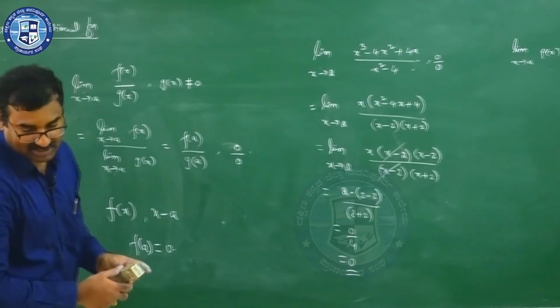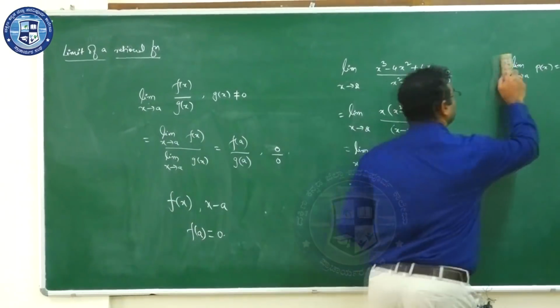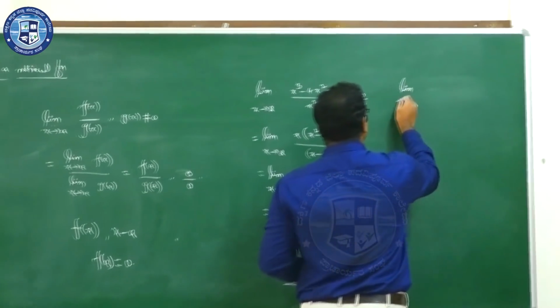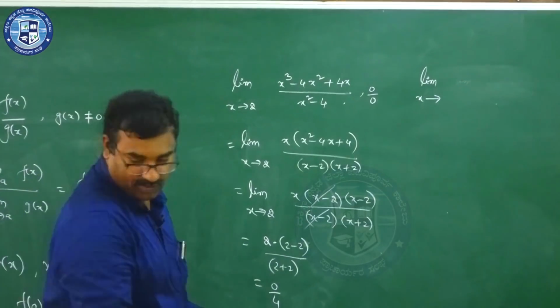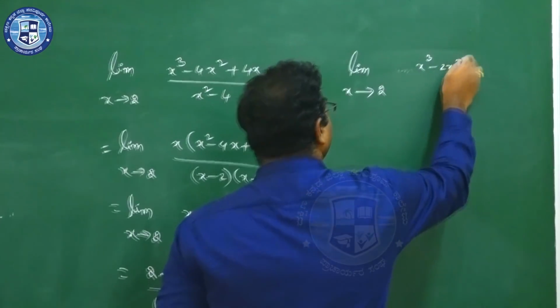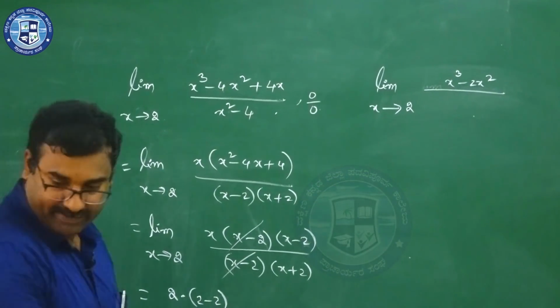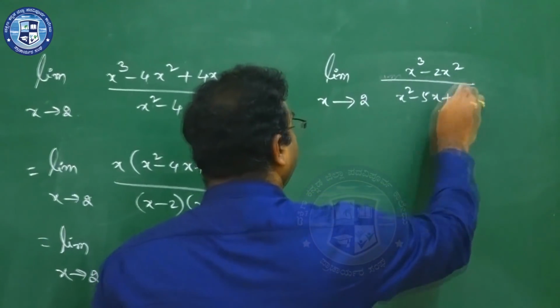So one more problem we'll see in this category. Limit x tends to 2, x cube minus 2x square divided by x square minus 5x plus 6.